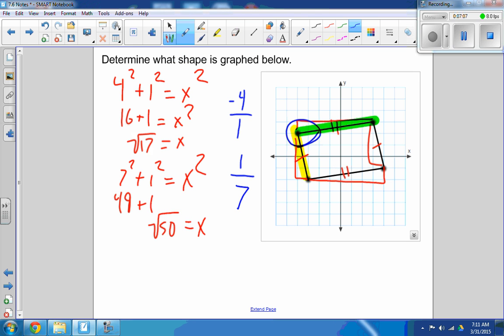Those are not perpendicular. Remember, perpendicular slope is the negative reciprocal. In other words, I flip the fraction over and change the sign. Well, if I flip this fraction over and change the sign, it's negative 7 over 1, which is not the same. So they are not perpendicular. So it's not a rectangle, and it's not a rhombus, because all 4 sides aren't congruent. It's got to be a parallelogram.